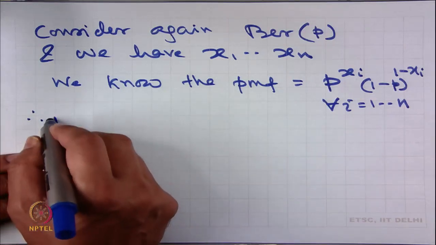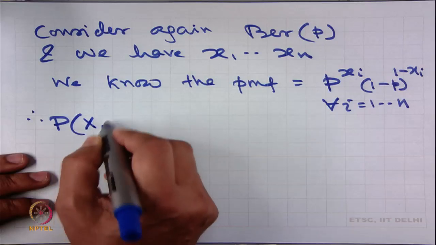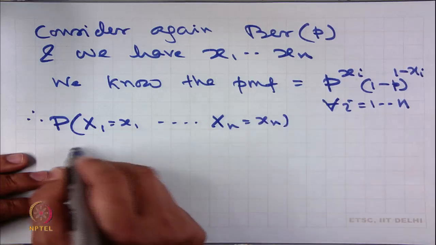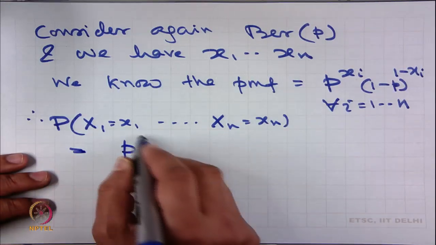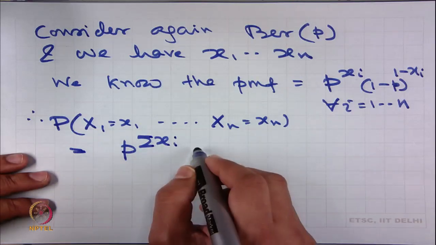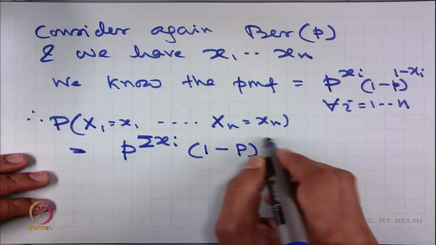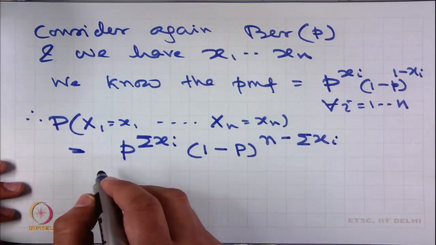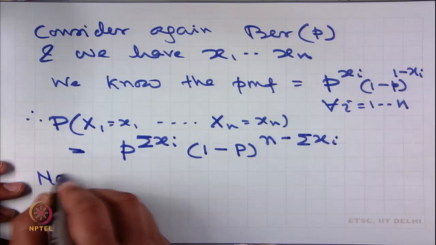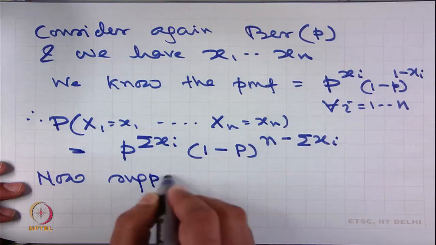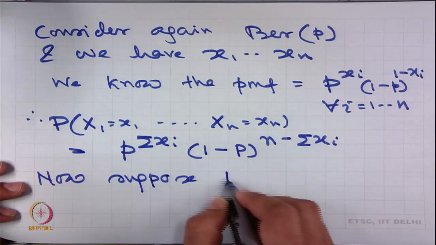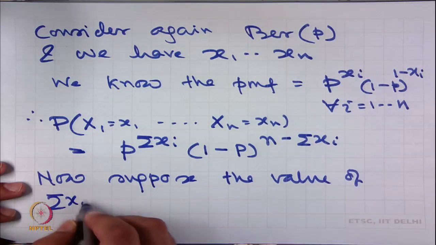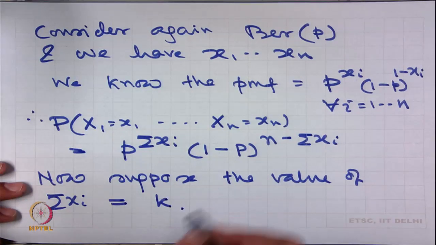Therefore, P of X1 equal to x1, ..., Xn equal to xn is equal to p to the power sigma xi into (1 minus p) to the power (n minus sigma xi). Now, suppose the value of sigma xi is equal to k, given.